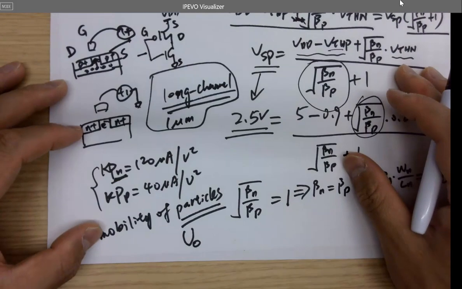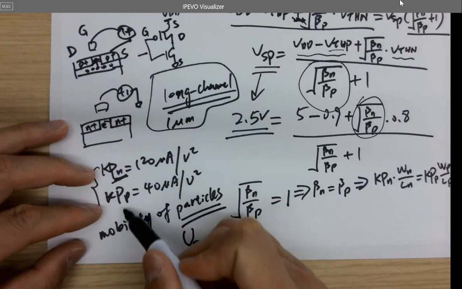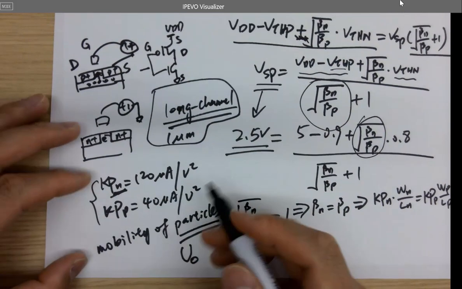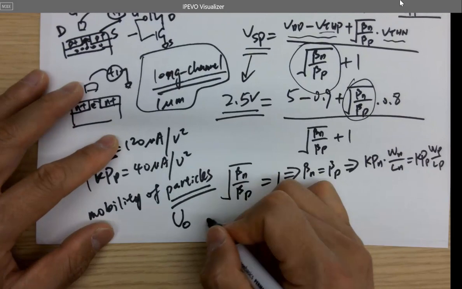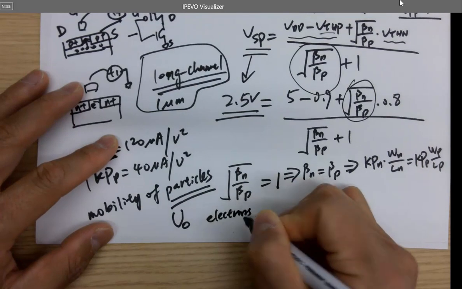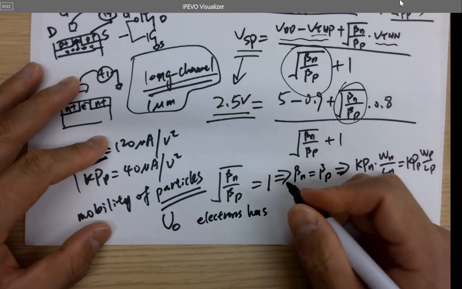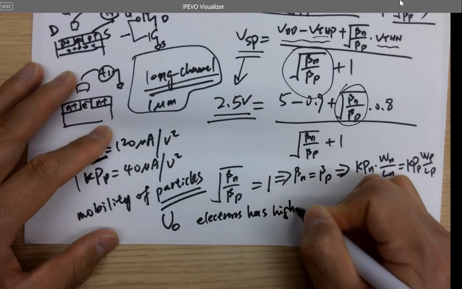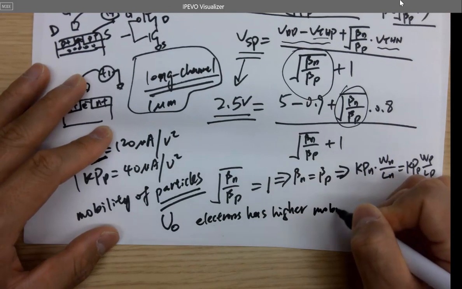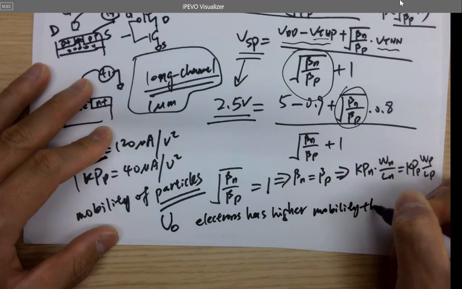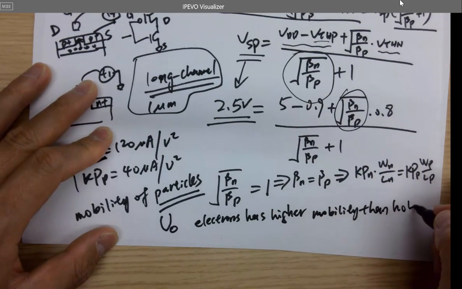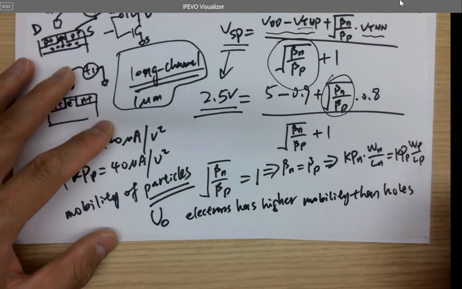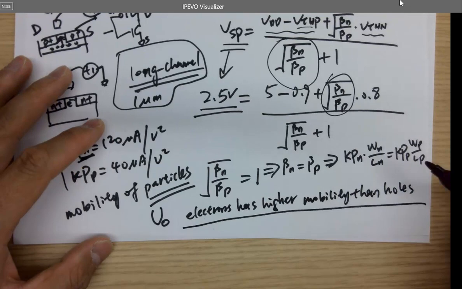Okay? And the reason that these two parameters are different is because electrons have higher mobility than holes. Just remember that, okay?